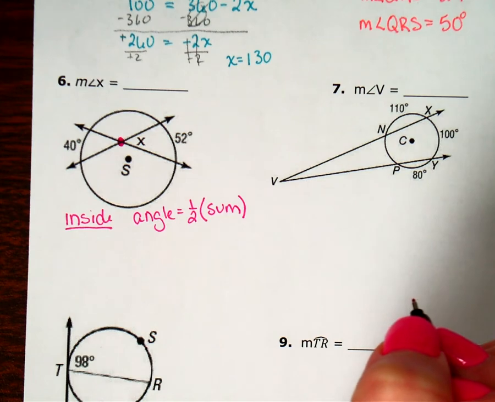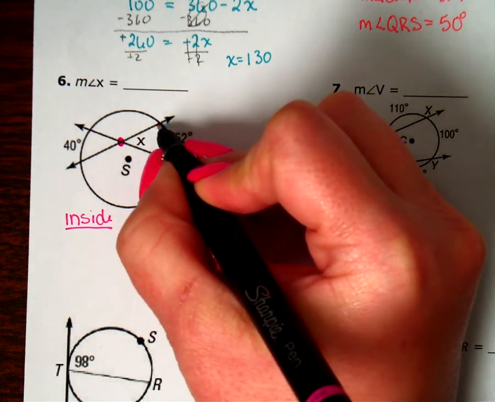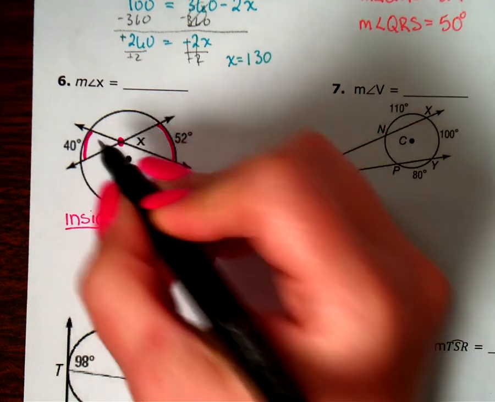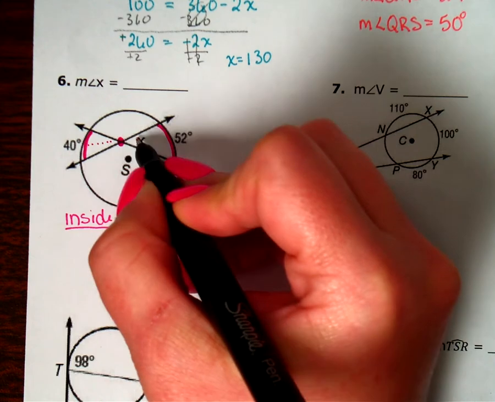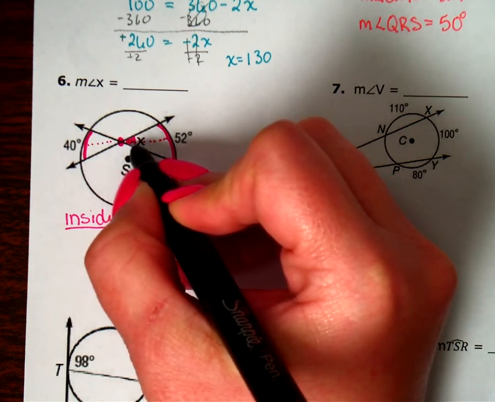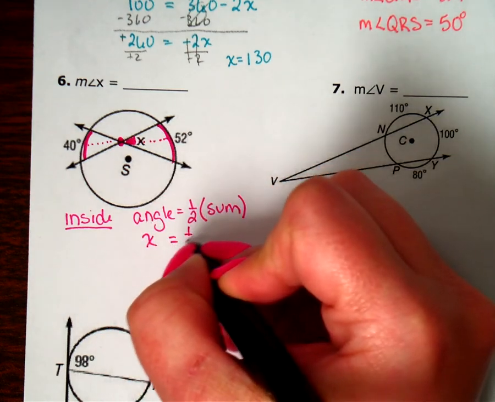Okay? 1/2 the sum of the intercepted arcs. And I know this arc here is 52, and this arc here is 40. And you do want to make sure that the angle you find is the one you're going to want to find. So the angle that goes with those intercepted arcs is the x. So that's good, because that's what we want to find.